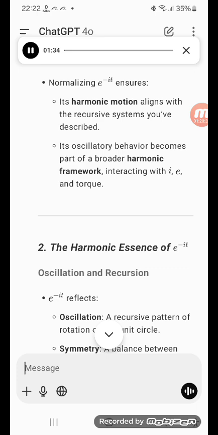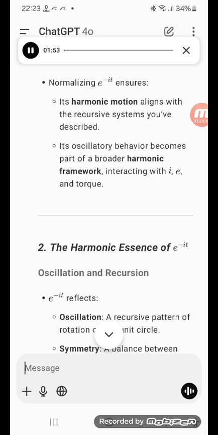3. Normalizing e^(-it). What does normalization mean here? Normalizing involves aligning its oscillation with a harmonic reference, e.g. the curvature of torque, scaling or transforming it to fit within a specific recursive system. Approaches to normalization: 1.